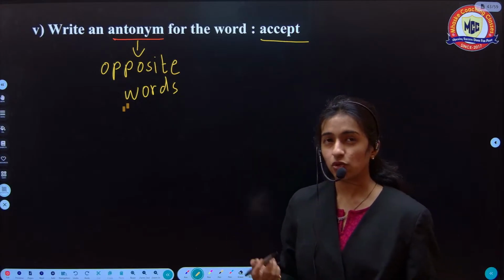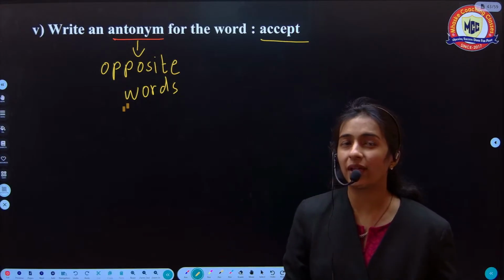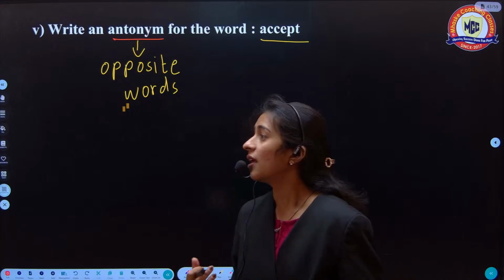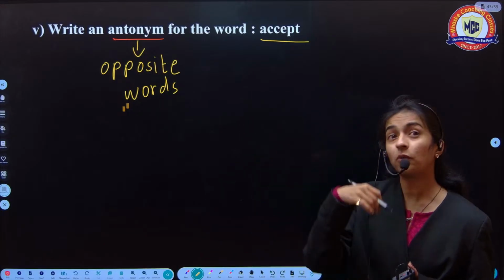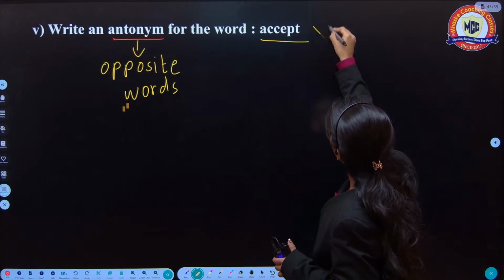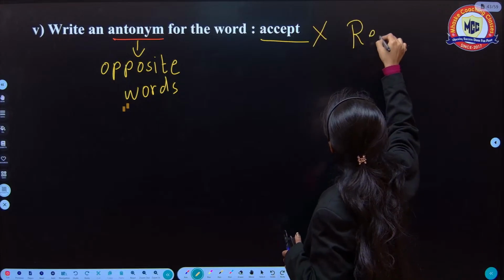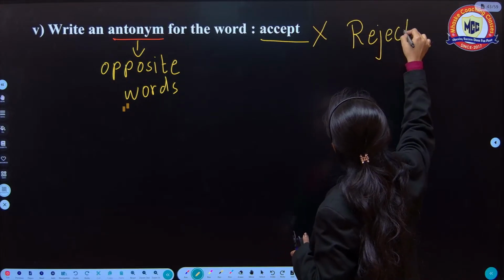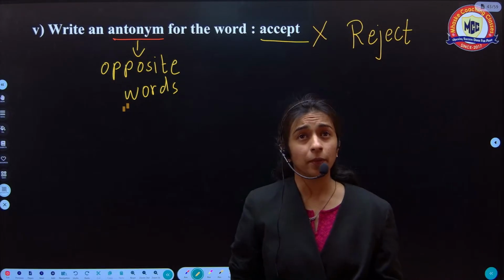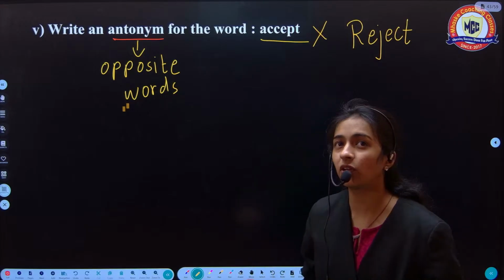Accept. So you accept the gift, you accept presents on your birthday. Exactly opposite to accept will be reject. They accept your proposal or they reject your proposal.